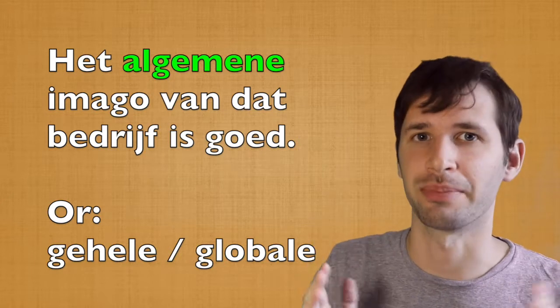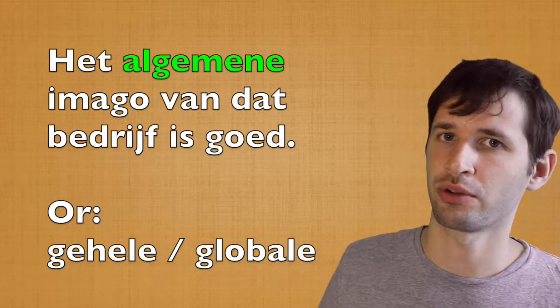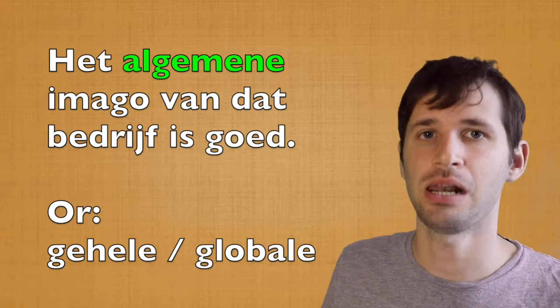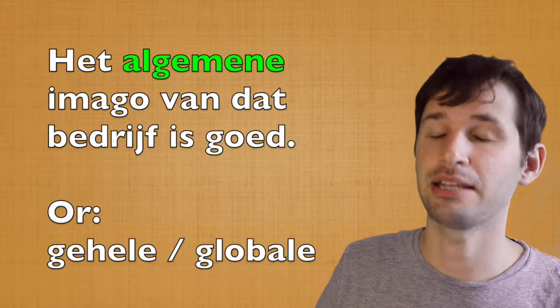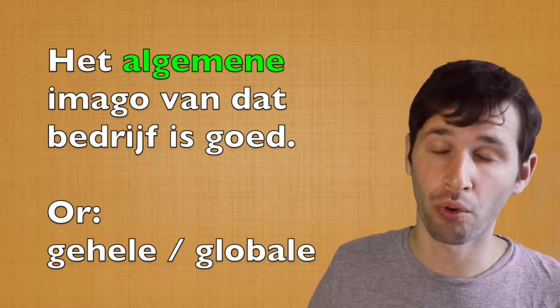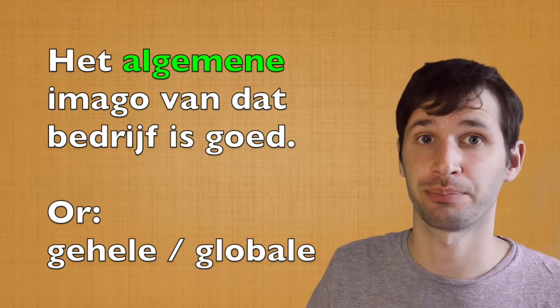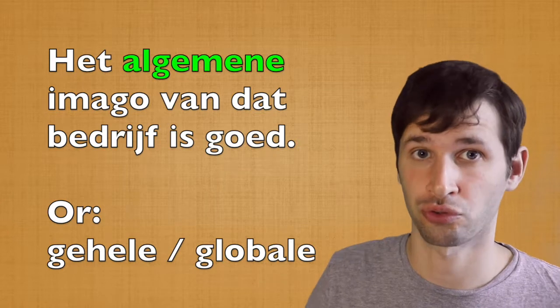No, algemeen. There are some alternatives, and one of the alternatives is geheel. Het gehele imago van dat bedrijf is goed. Or het globale imago van dat bedrijf is goed.